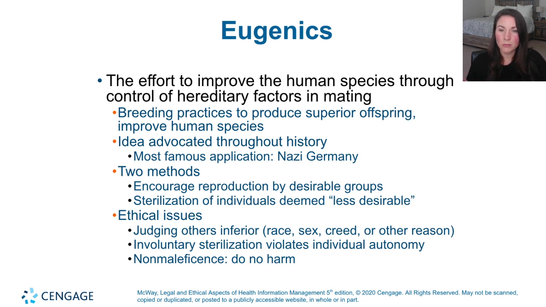One is to encourage people that were considered desirable to have more babies, and the other is to sterilize people that were considered less desirable so that they cannot have babies. The ethical issues here would be judging others inferior, involuntary sterilization. This violates autonomy, and malfeasance, which, if you remember, means to do no harm.